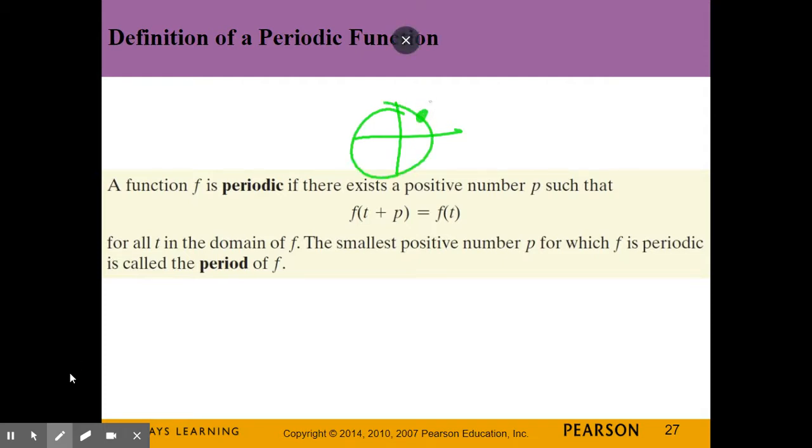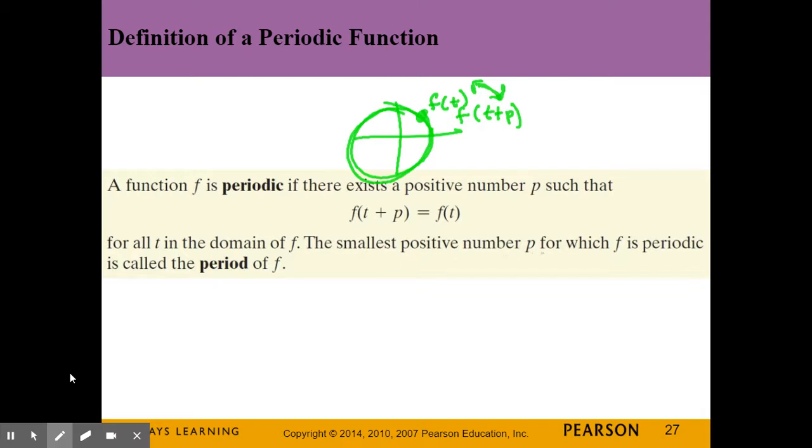Let's say that is f of t. This function is periodic, so sine or cosine or any of these are considered periodic if you go all the way around, and I get f of t plus p. So I went all the way around, but these two are equal because they're at the same spot, right?